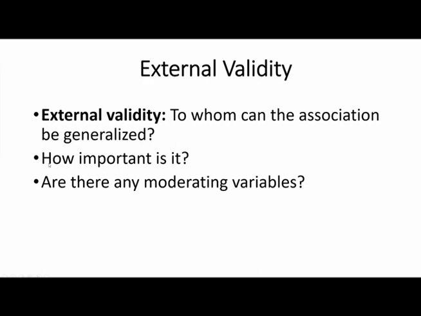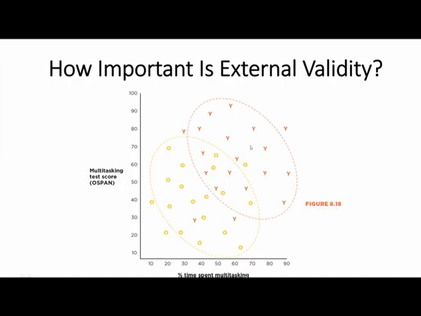And to do this, we can ask, how important is external validity going to be? And we want to look at if there are any moderating variables that could be going on.